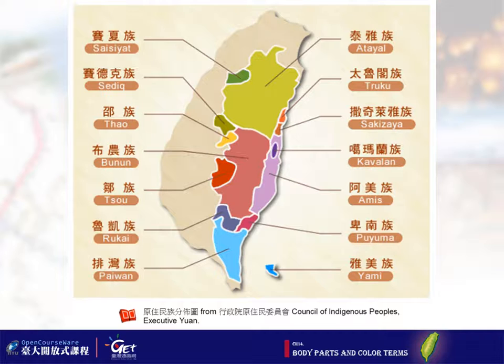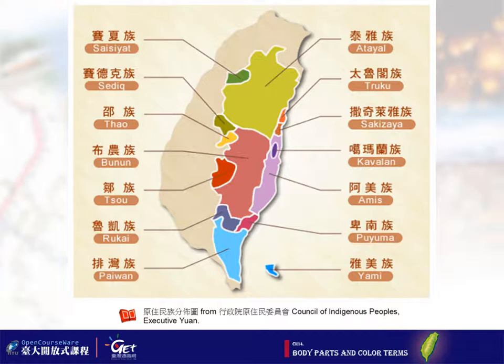Puyuma, if you have a chance to visit Taitung in the eastern part of Taiwan, you should try to visit this area. There's an archaeological museum, because they excavated this Puyuma site, and so they built a museum right on the site. So it's very interesting to visit that area. And Yami is still called Yami, but the people here want to call themselves Tao.